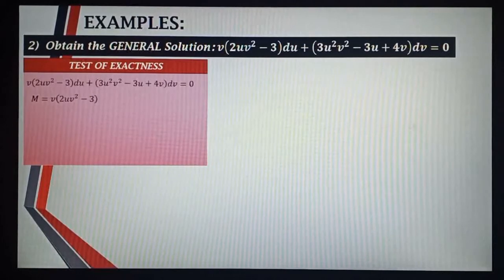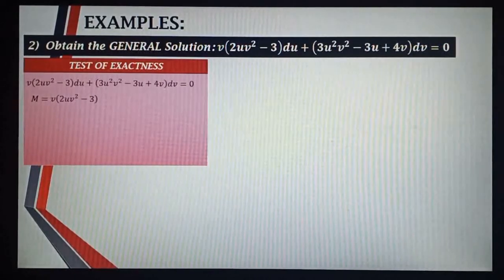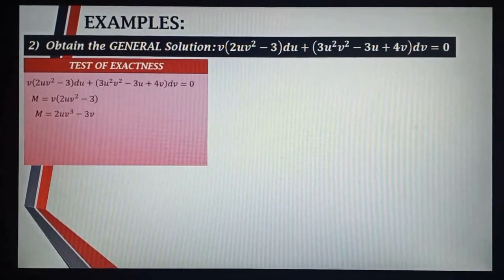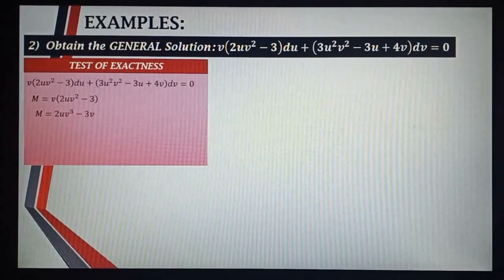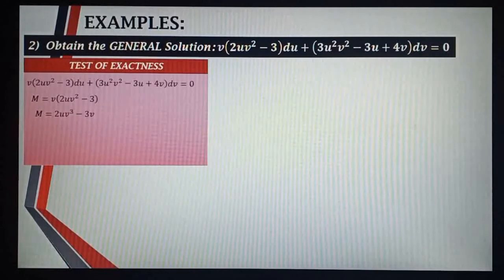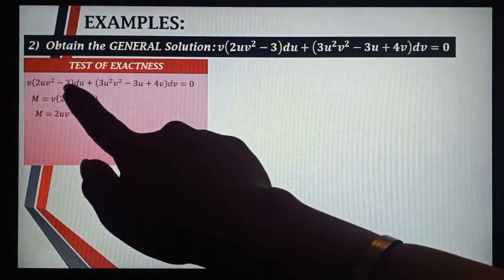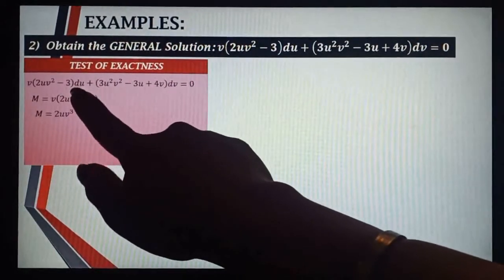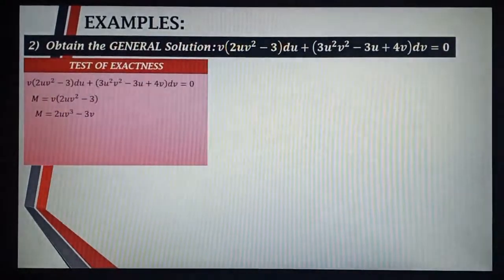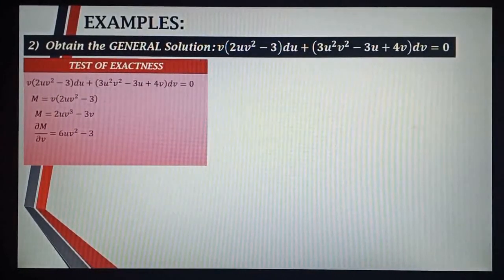So, i-distribute muna natin yung v sa loob. So, our equation is 2uv cubed minus 3v. If you will notice, naka-multiply siya kay du. So, we have to differentiate the M with respect to v. So, constant si u, variable si v.